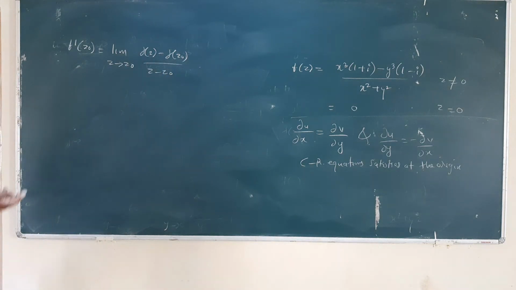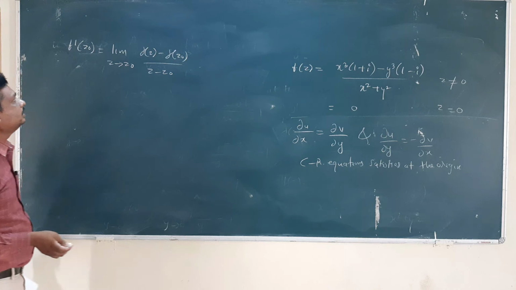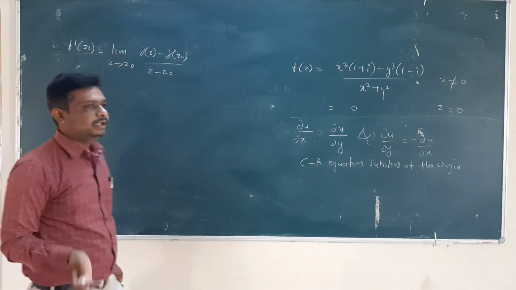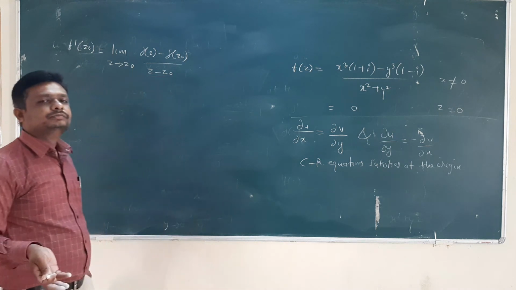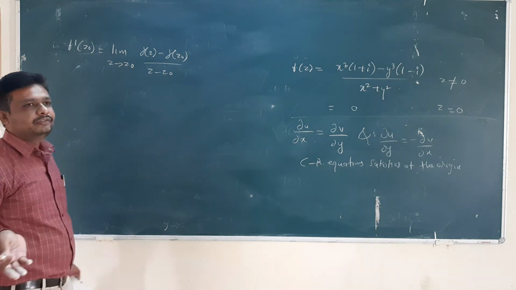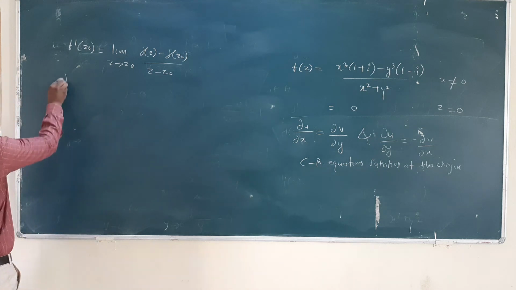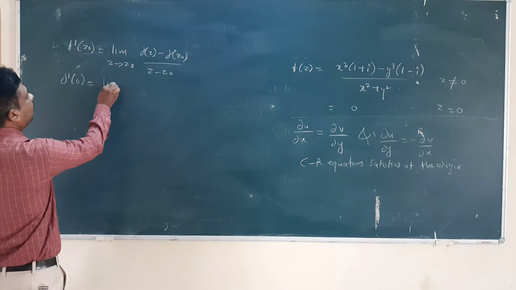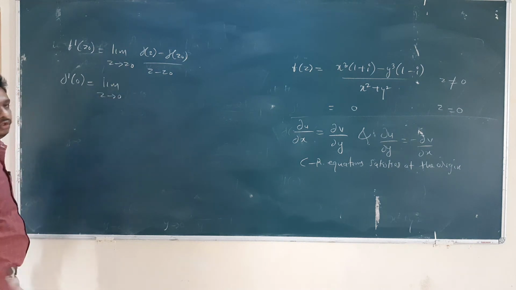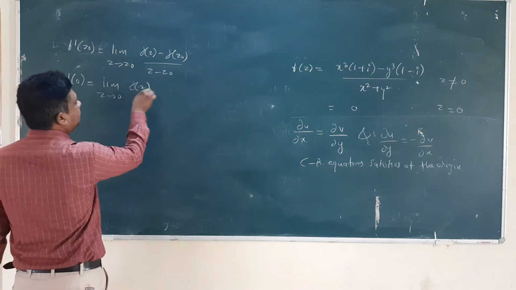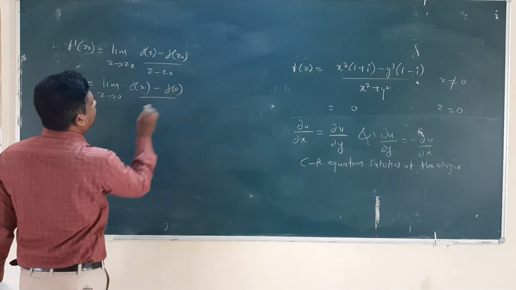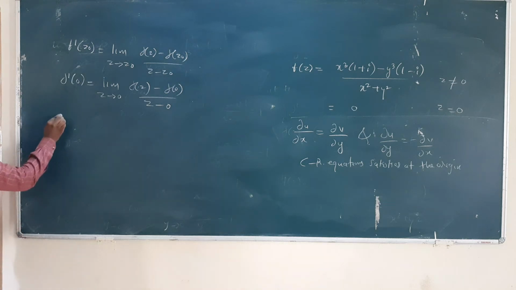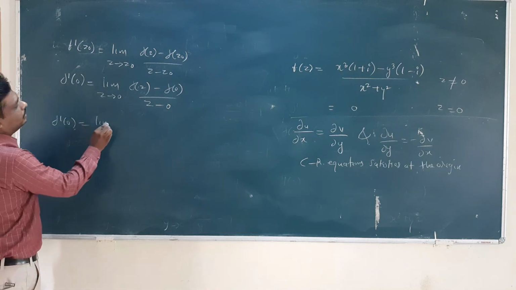This is the definition of differentiation at z naught. So again the question is the same: we have to prove the function is not differentiable at the origin. So this implies f dash of 0, I will take z naught as 0, limit of z tends to 0, f of z minus f of 0 upon z minus 0.